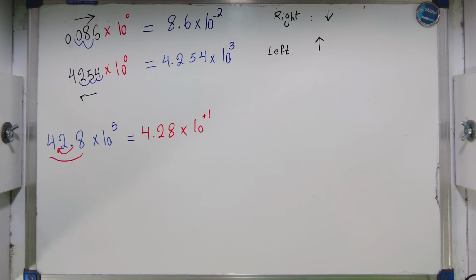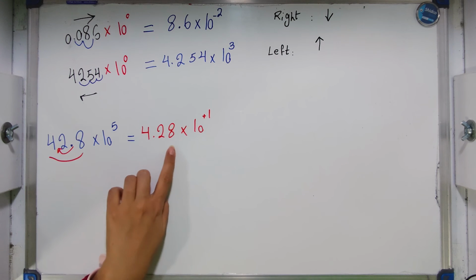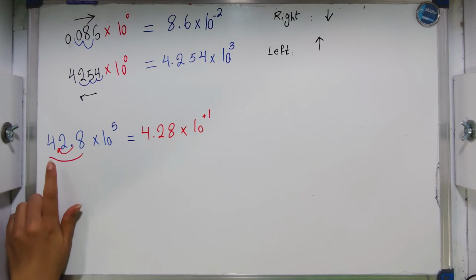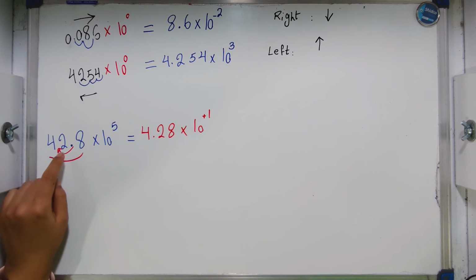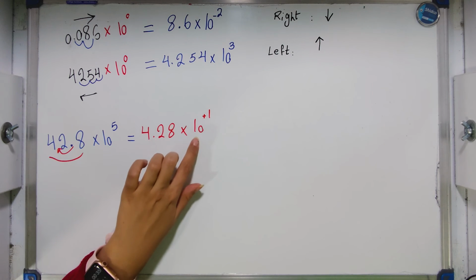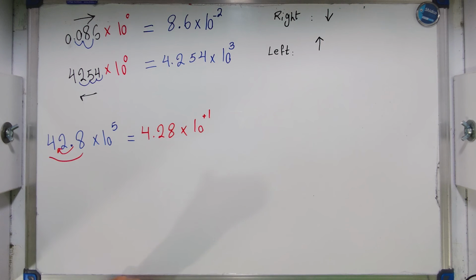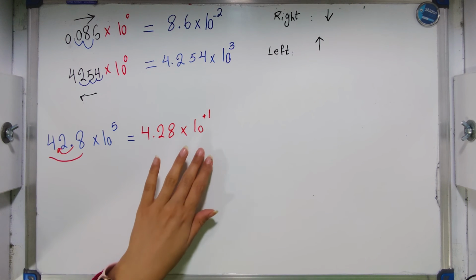So, instead of 42.8, I wrote 4.28. And because I moved the decimal by 1 digit, I put power 1 for 10, and because it is moving toward the left, I am increasing the power of 10.